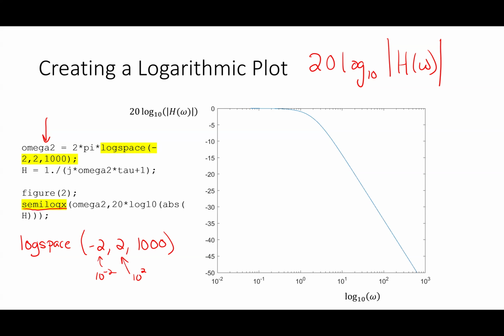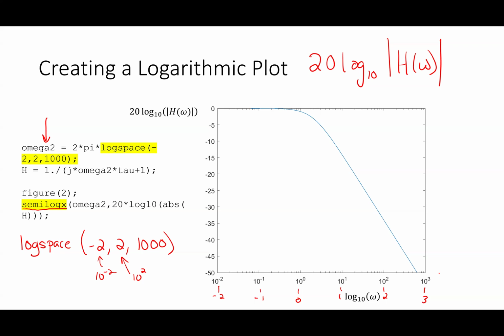If I use the semilogx command, it makes sure to plot this on a logarithmic scale. So you can see that I have the logarithmic scale. If you look at this here, here's 10 to the -2. So this is -2, -1, 0, 1, 2, 3. You notice those factors of 10 in frequency are linearly separated from each other when I plot them on a logarithmic scale.